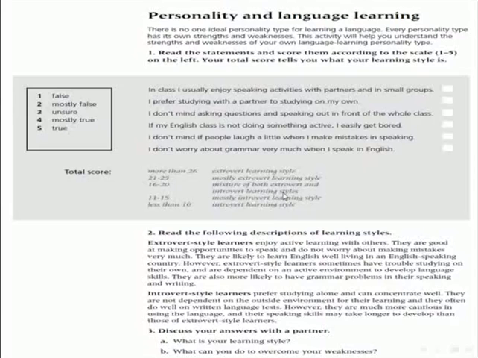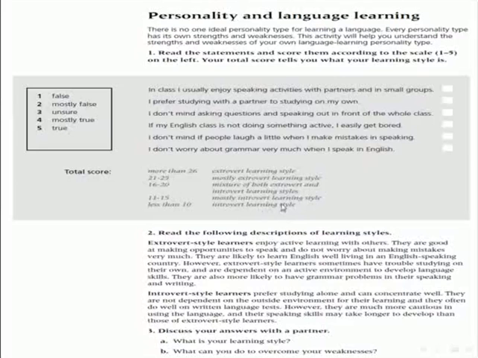In between. If the score is between 11 and 15, mostly introvert learning style. Introvert means you like to study or to learn alone. But extrovert is the opposite. If it is less than 10, we call you introvert learning style.